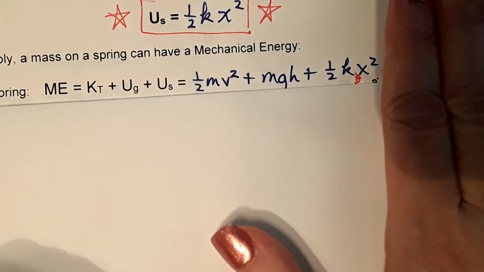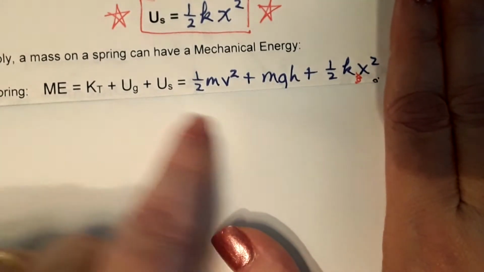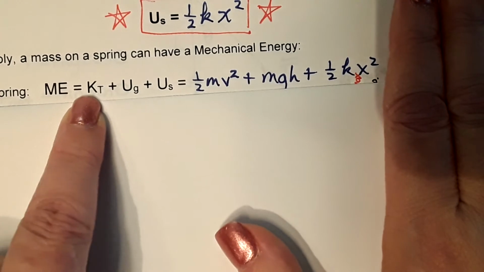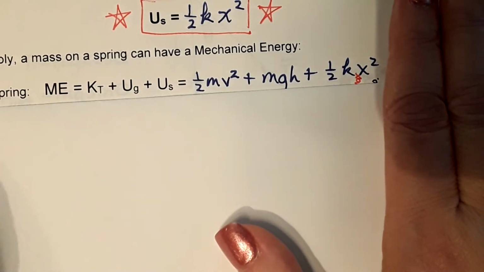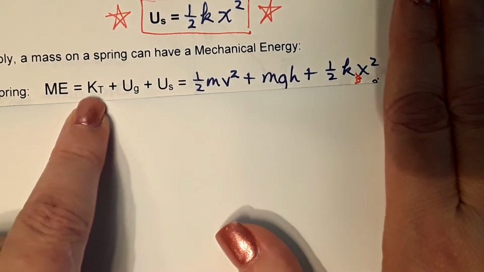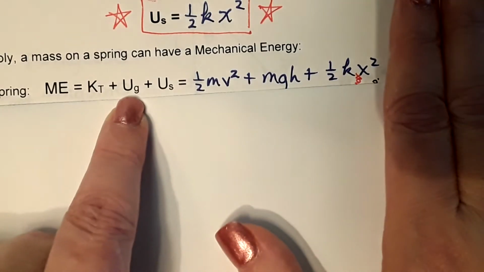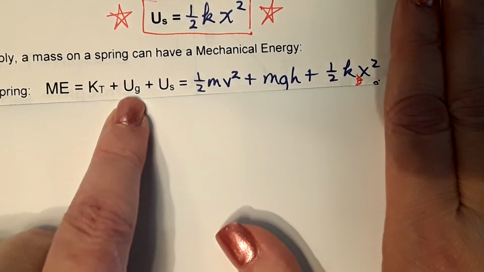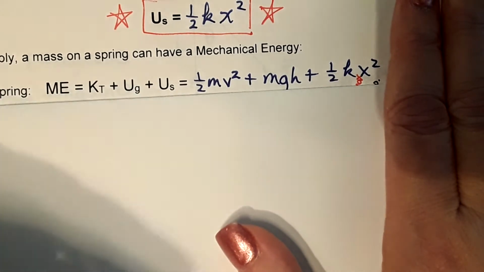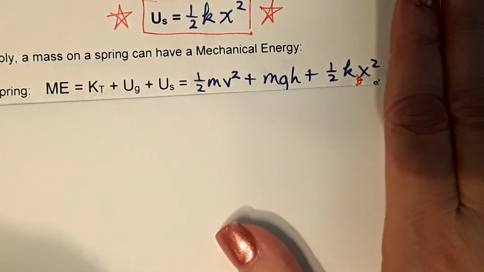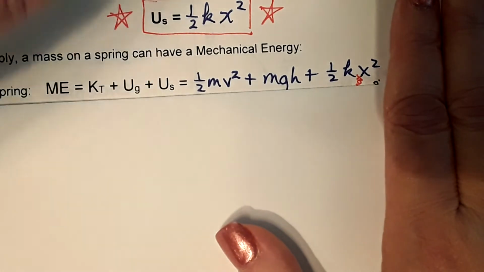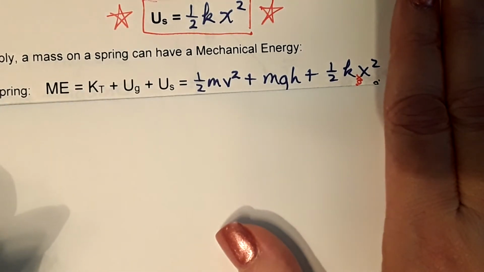But right here, if we look at mechanical energy, a mass on a spring that's oscillating, if it's a vertical spring, it can have translational or linear kinetic energy for the mass as it goes up and down. It can have gravitational potential energy, because if it's a vertical spring with a mass on the end, the mass will be changing position above your 0 point for gravitational potential energy.